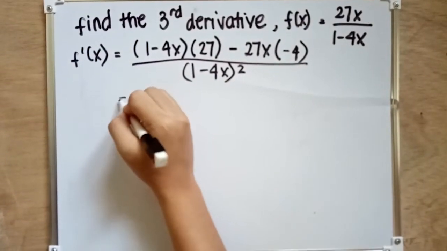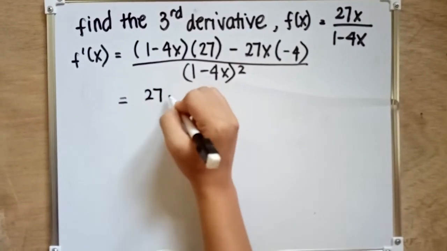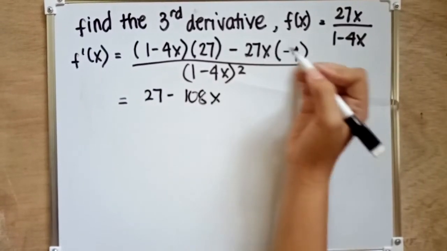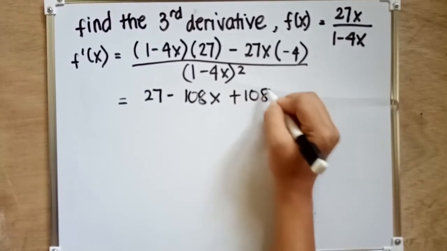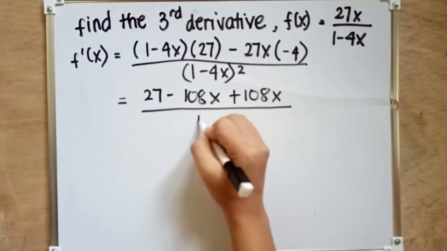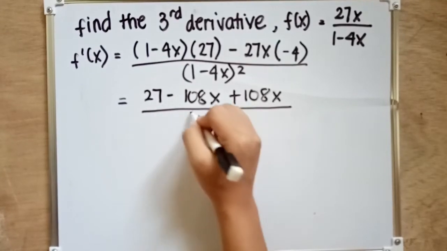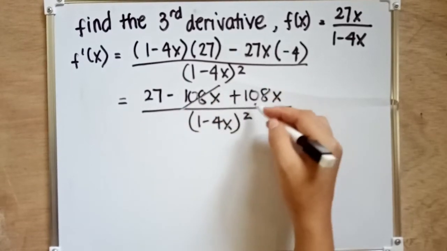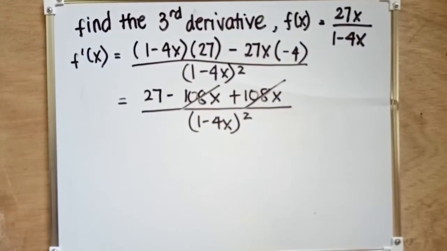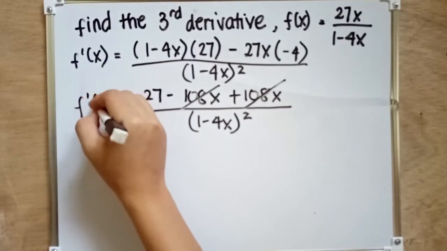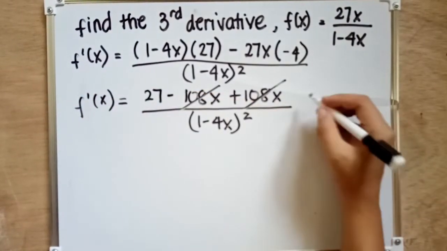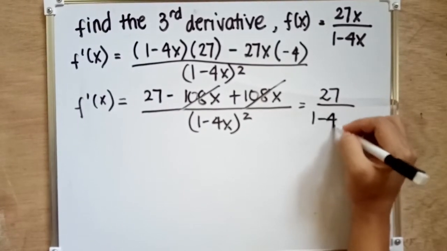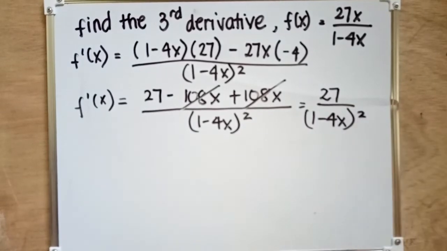Now simplify the equation. 27 minus 108x plus 108x over 1 minus 4x squared. Cancel the negative 108x and the positive 108x. Now our first derivative is 27 over 1 minus 4x quantity squared.